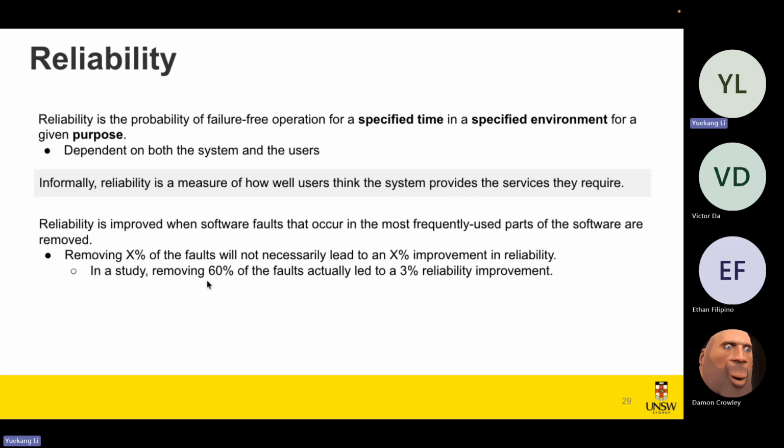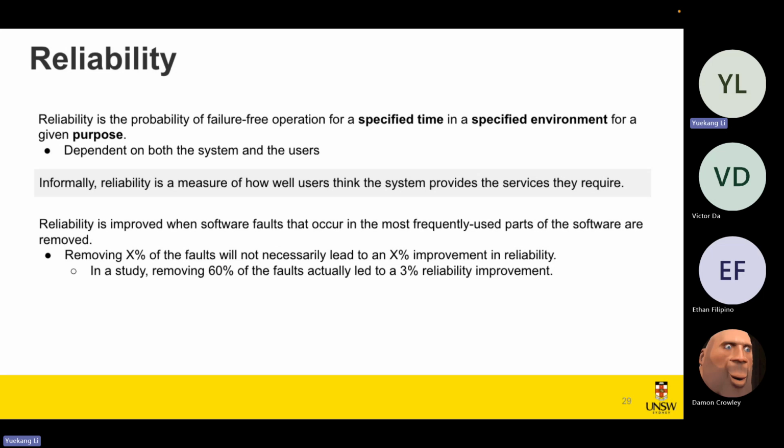the removal of faults may not lead to the exact amount of improvement in user feeling. A software could be very buggy in some rarely used features, and the users cannot feel that, because they are not using those features, so they don't feel that this software is very buggy or very bad.